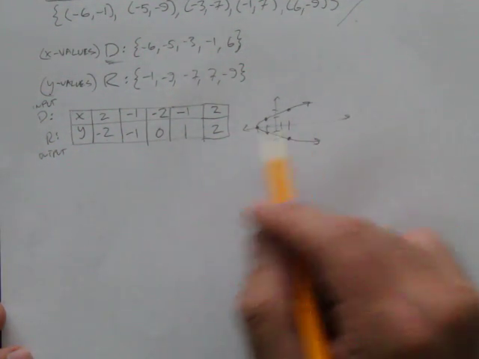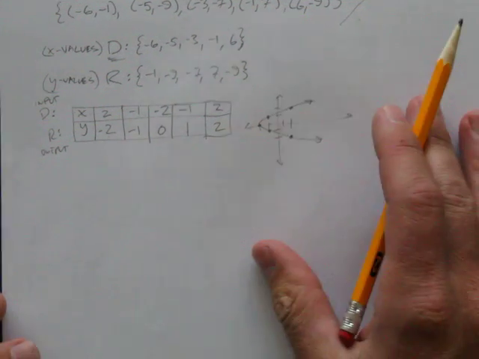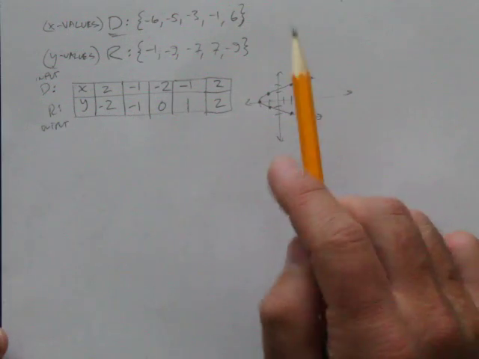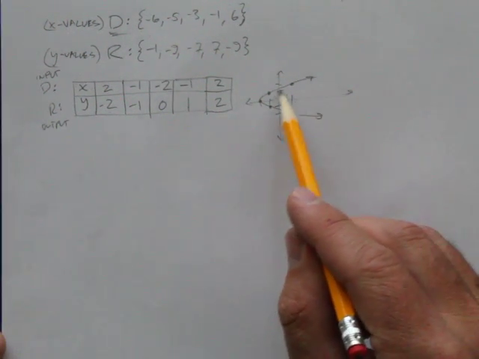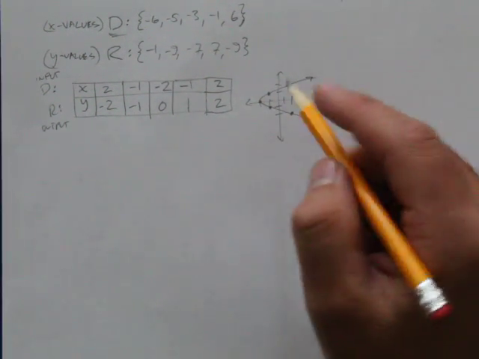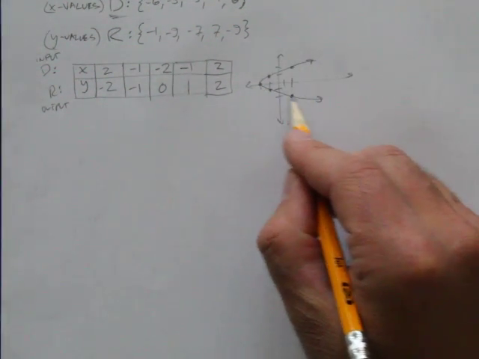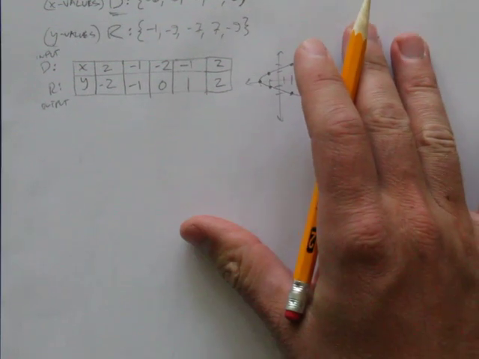If I was to graph this as a function here, well, it wouldn't be a function, but as if I was to graph this as a relation along this curve here.